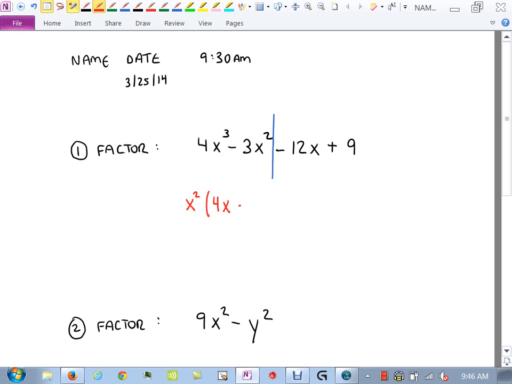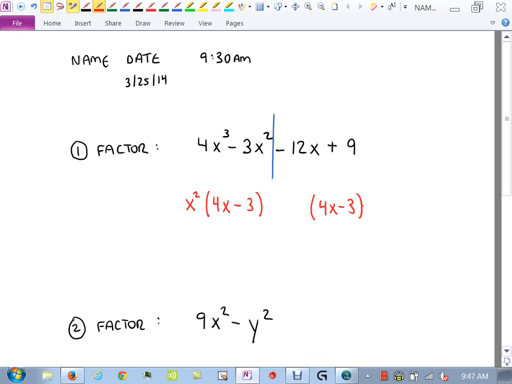4x minus 3. And then I think what most of you liked was when I would just take that and put it over here, right? Did we talk about that enough? Okay. So we're trying to match it over here. And now we look at this side and we say, I want to factor something out which leaves this. So can I turn the 4x into the negative 12x, and can I turn negative 3 into positive 9?